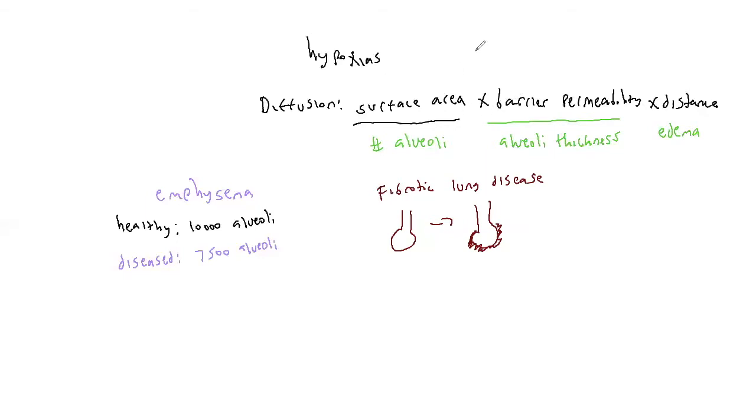Next is going to be pulmonary edema. And this is usually a symptom of cardiovascular failure or cardiac failure. This is the unfortunate part of a summer course, we just don't have enough time to talk about everything.